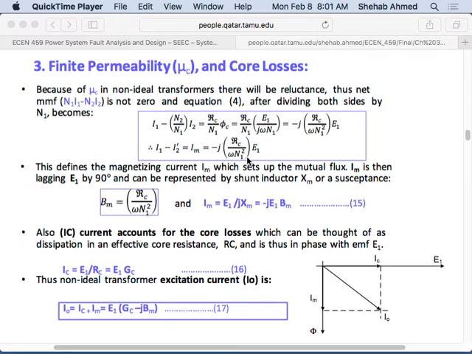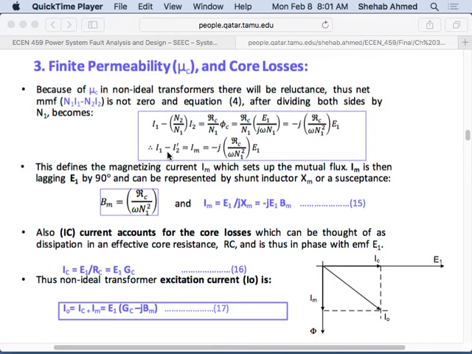So we said that basically this would be the corresponding magnetizing inductance representation, since the difference between the two currents, the primary and the secondary ampere turns, or the primary and secondary magnetomotive force, is basically the magnetizing component of the current.